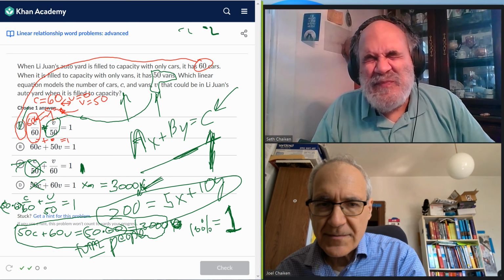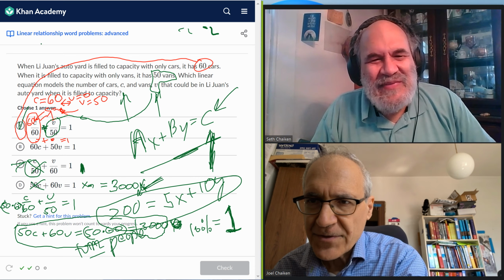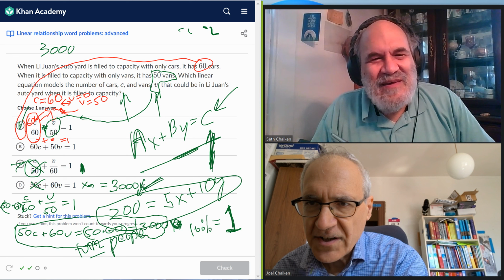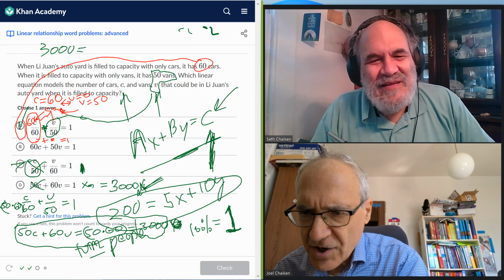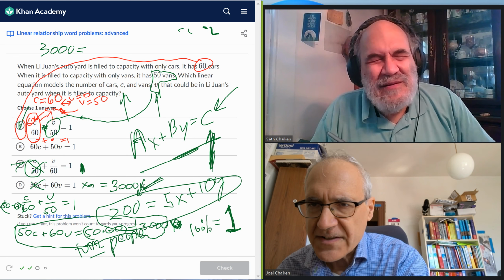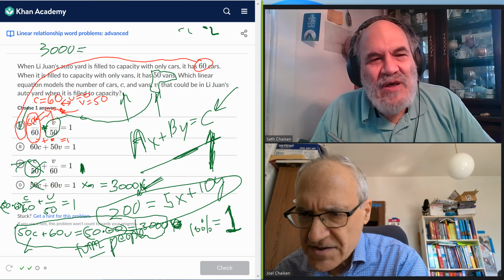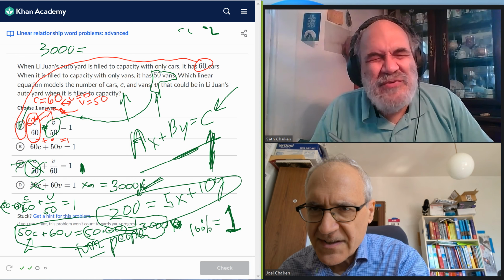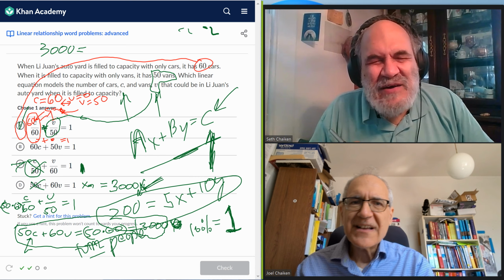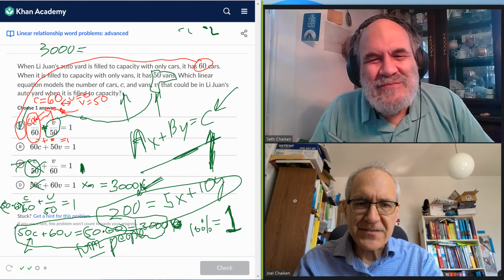Let me just work it out myself. If the lot can handle 300 cars, and it's only cars and vans combined, and the cars are 0. Wait, hold on. You wrote 3,000. Vehicles.